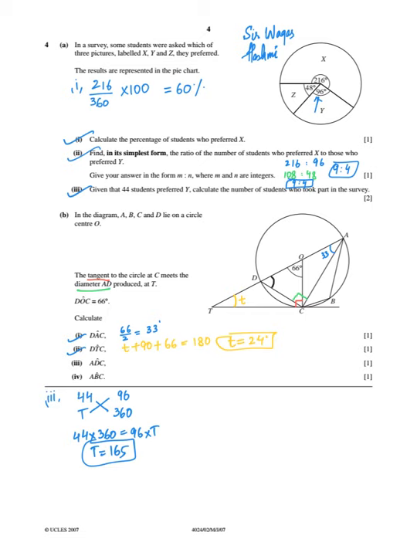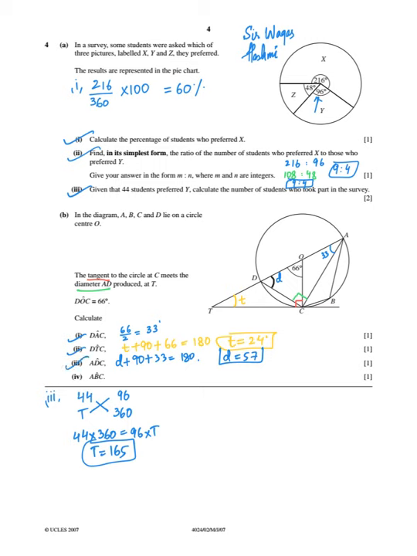So for ADC, let's suppose this angle is D, so D plus 90 plus 33 equals 180, right? You can solve here, so that will be 90 minus 33 leads to 57. So D is 57 degrees. That is your third part answer.